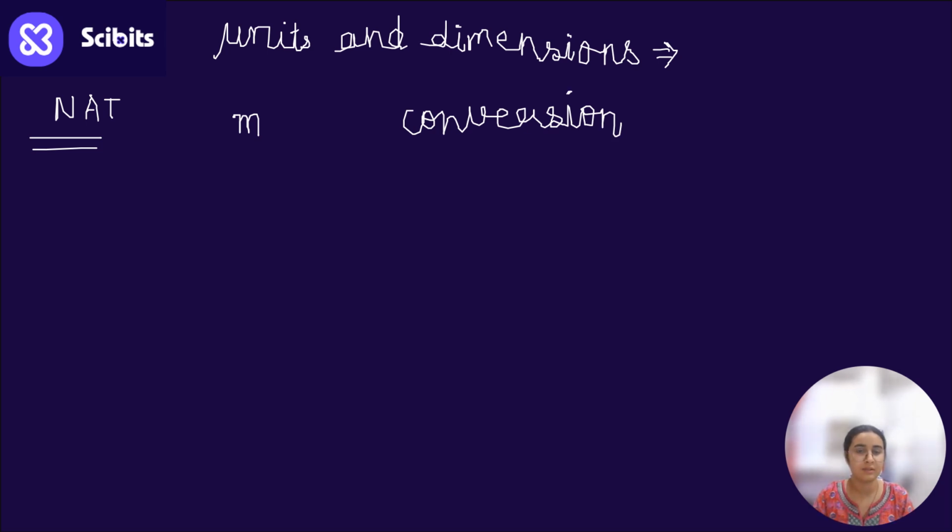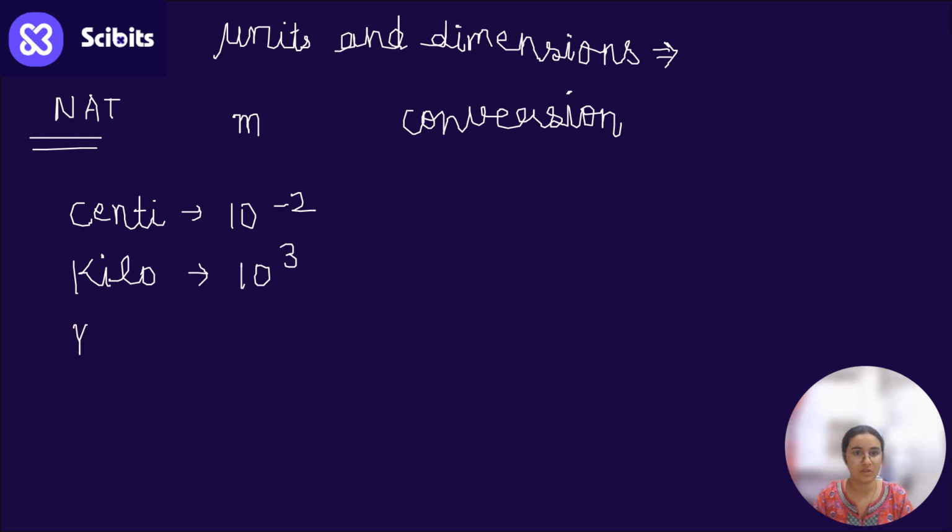There are a few prefixes that you should remember. Let's say for centi, you remember this, and I'm writing only those which are very commonly used. For micro, remember this. You have to remember it like this only, and then I will tell you a trick to convert any unit to another unit very easily. You just have to remember a simple line.